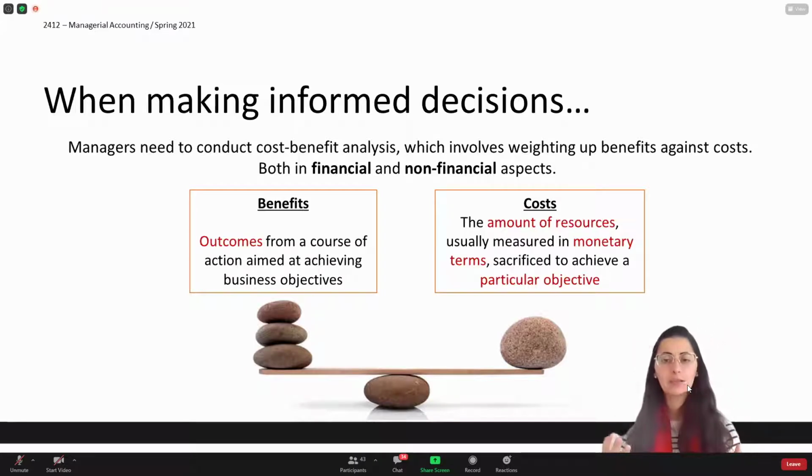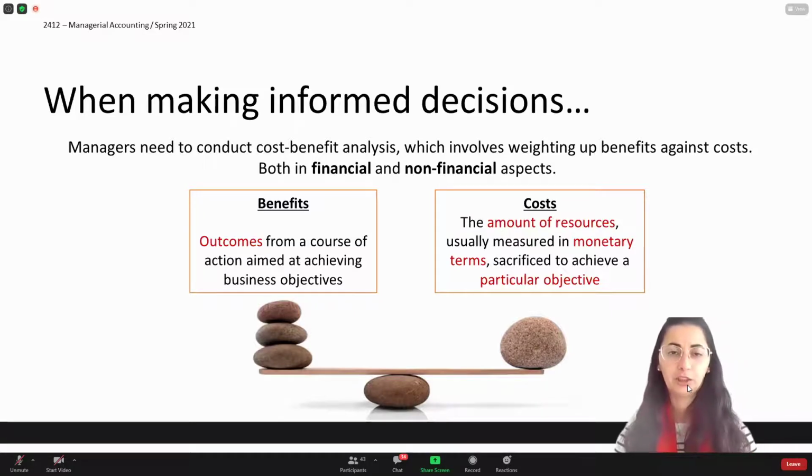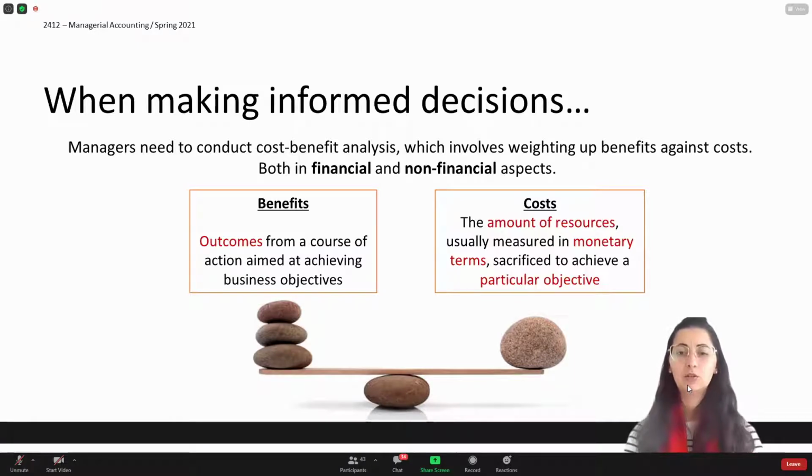The benefits are the outcomes from a course of action aimed at achieving business objectives. And the costs are the amount of resources, normally in monetary terms, that we need to sacrifice in order to achieve the objective. So benefits are the outcomes, costs are the resources that we need to sacrifice for that objective.